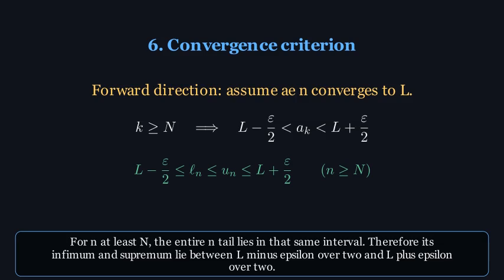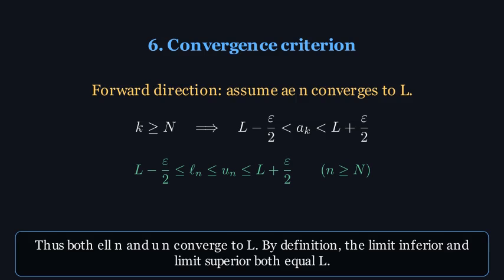Therefore its infimum and supremum lie between L minus epsilon over 2 and L plus epsilon over 2. Thus both l_n and u_n converge to L. By definition, the limit inferior and limit superior both equal L.